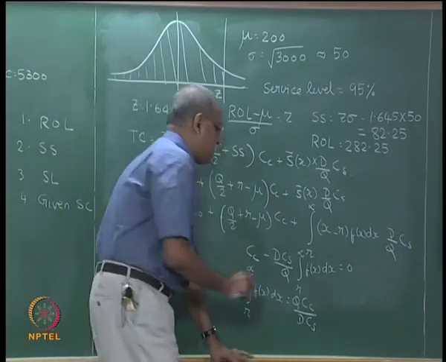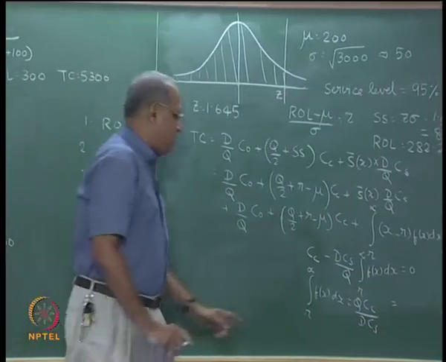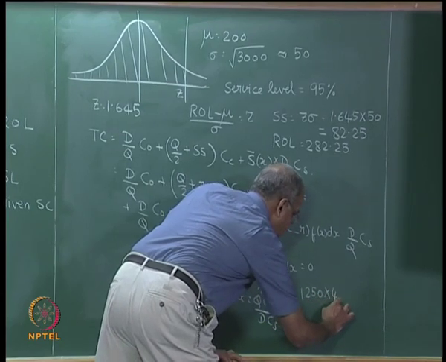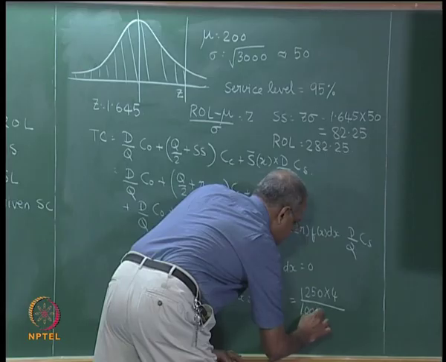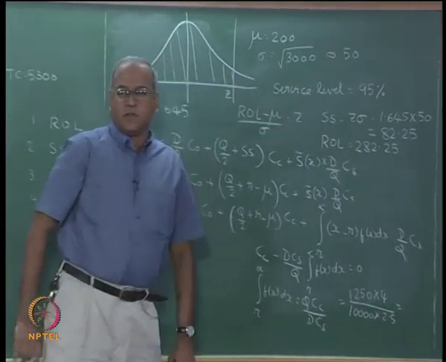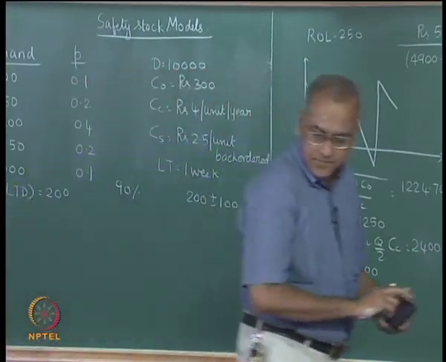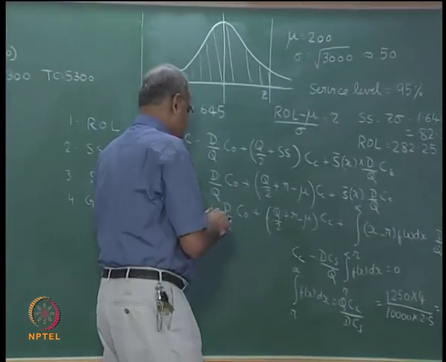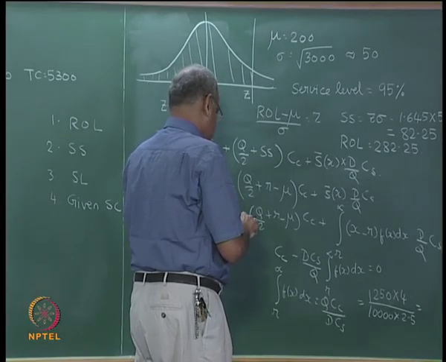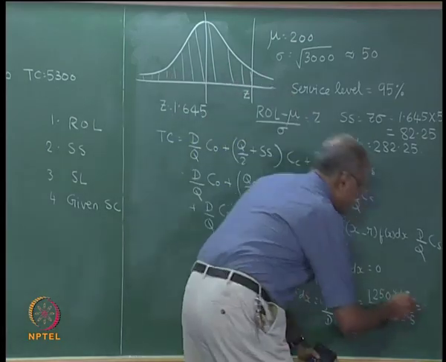Therefore if we do this calculation for the numbers that we actually have, q is equal to 1250, Cc is 4, demand is 10,000, Cs is 2.5. So when we do this multiplication, we would get 0.2.